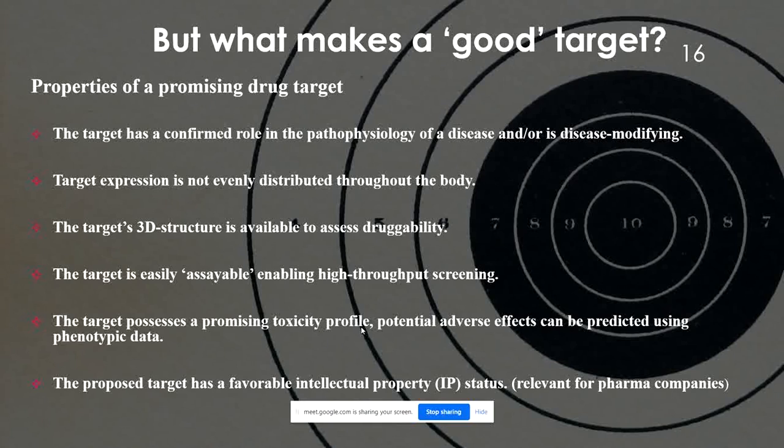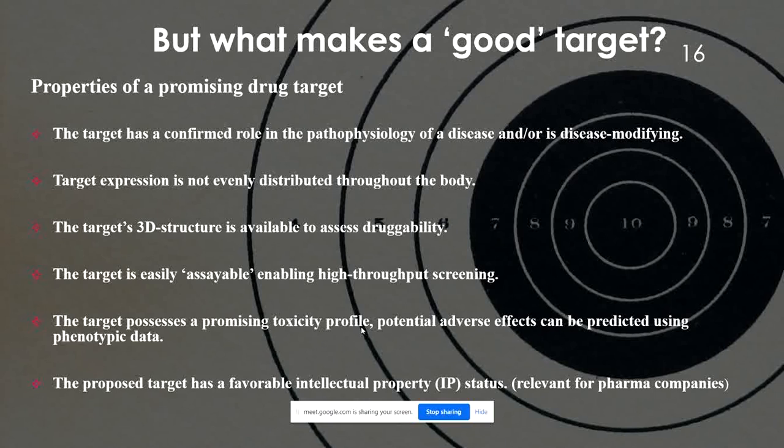And the last thing is that it must have a favorable IP status. This is not for you, this is relevant for the industries. Suppose there are some proteins against which a particular drug is already designed. If you need to design a drug against that particular protein, then you have to have that IP status, intellectual property status.